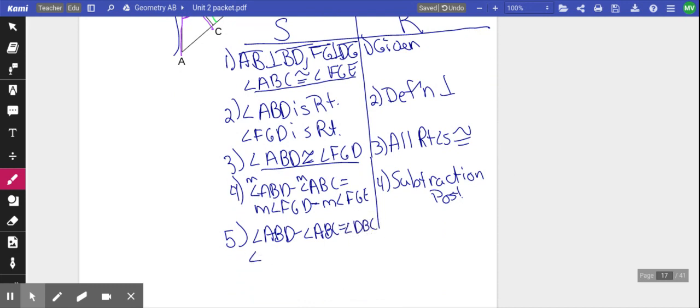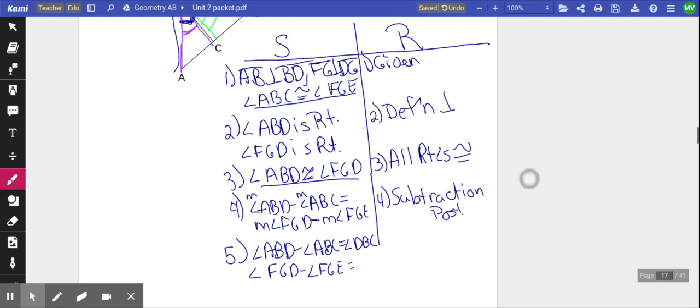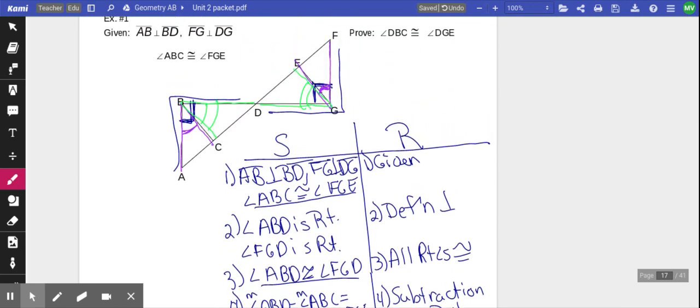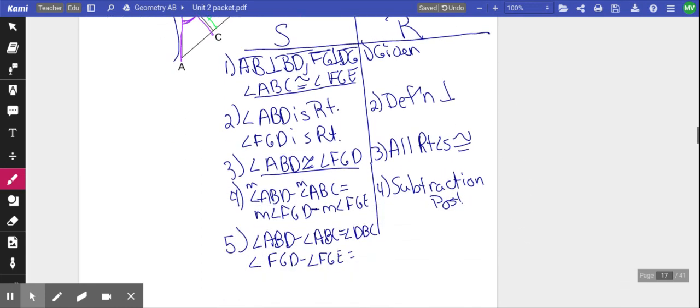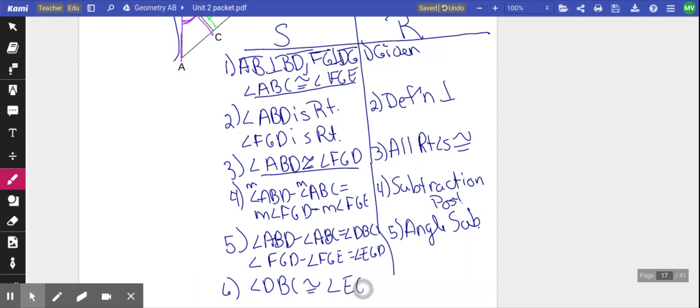And we know that angle FGD minus angle FGE is equal to EGD. And that is our angle subtraction. And then substitution says that angle DBC is congruent to angle EGD.